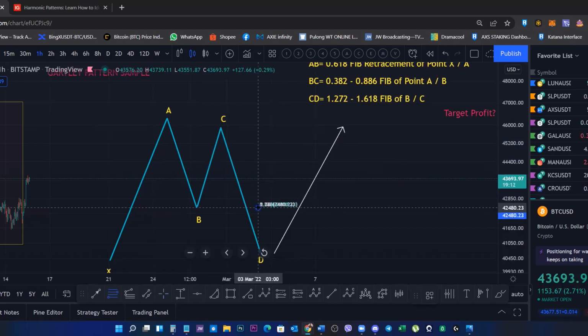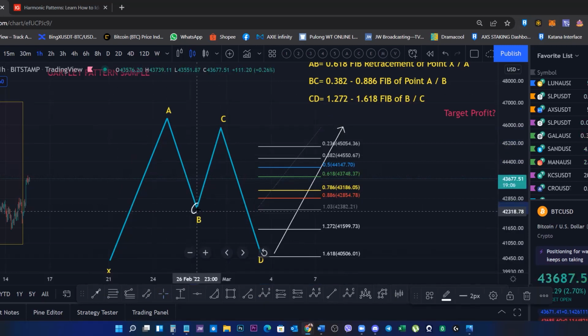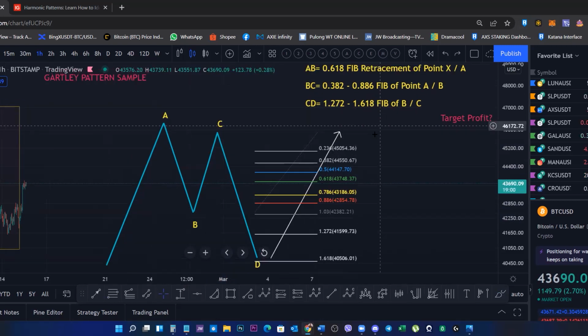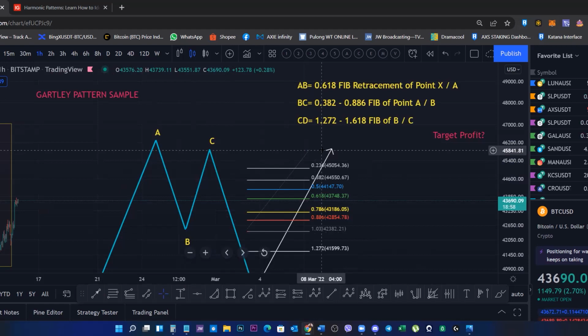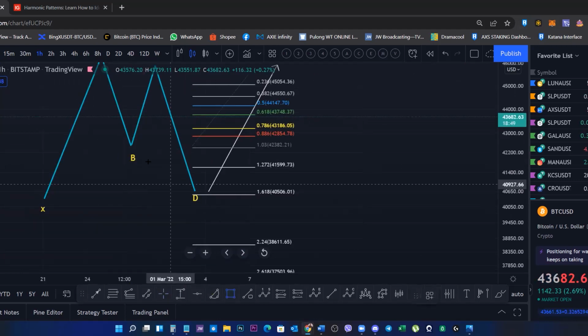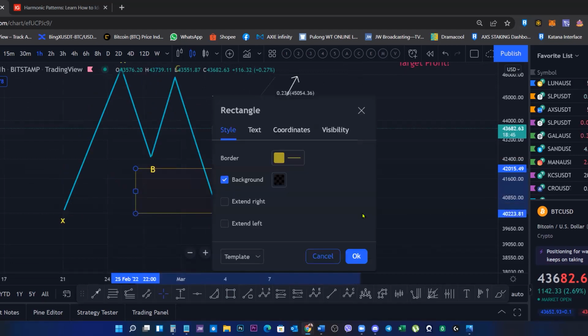Point B to C, from this one to this one. So again, point B to C, and this is our Fibonacci, 1.272 to 1.618. So it will probably go down to this area.